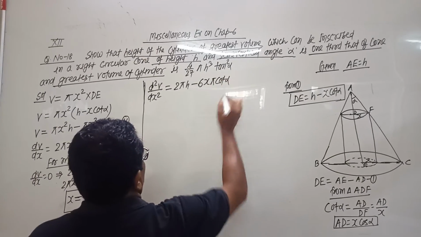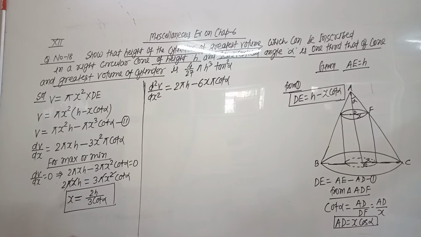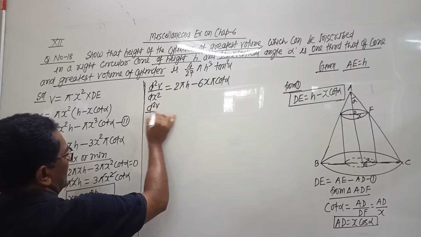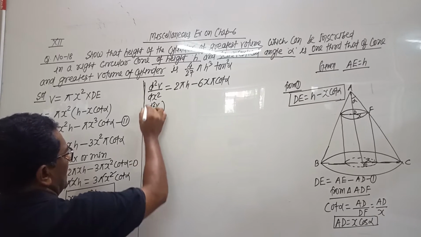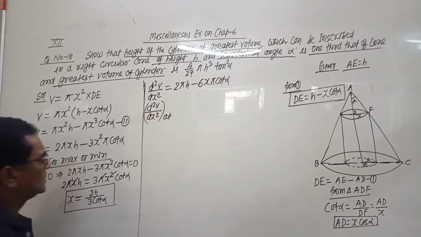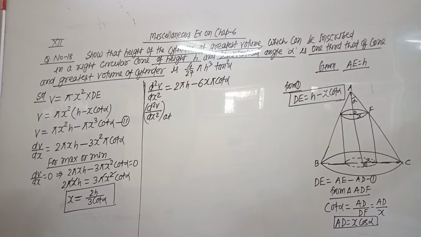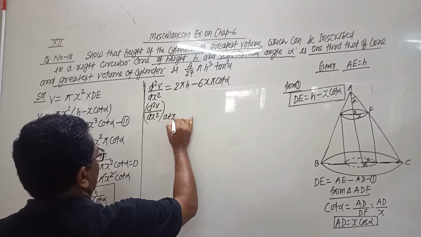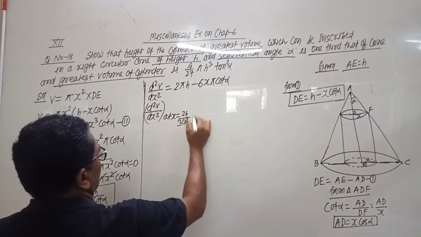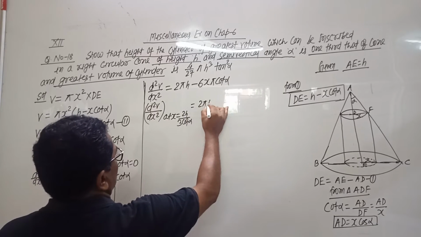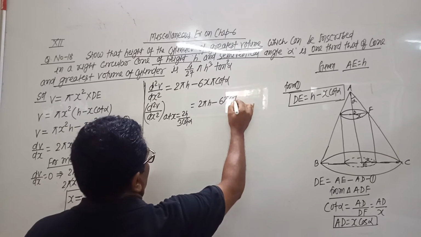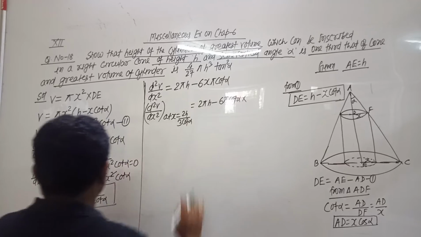At the given point, x equals 2h upon 3 cot alpha, we put the value of x.